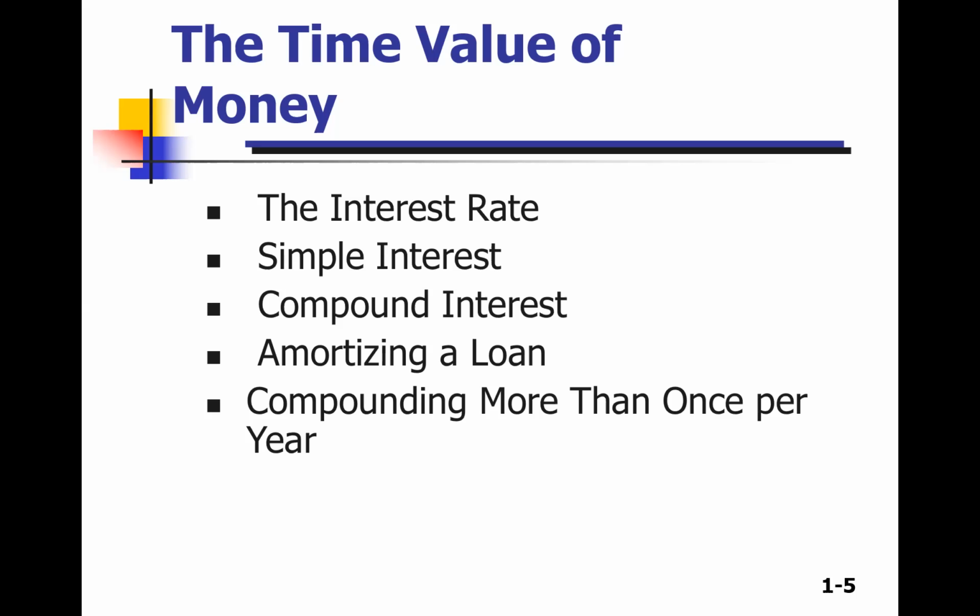Then we will construct a loan schedule, called amortizing a loan. Also, we will discuss what the solution is if the interest rate is compounding more than once per year. You will get to know all these concepts later in this lecture.